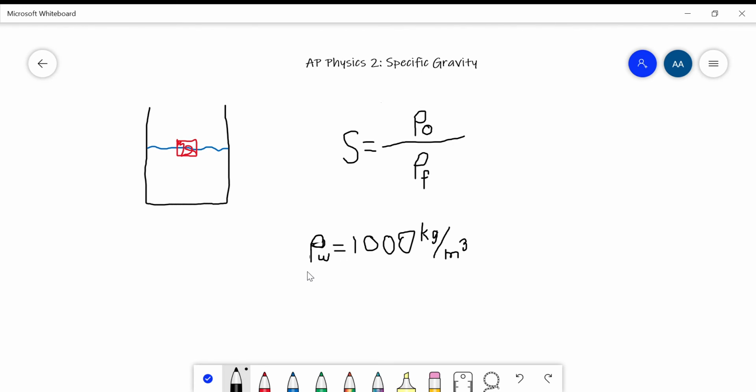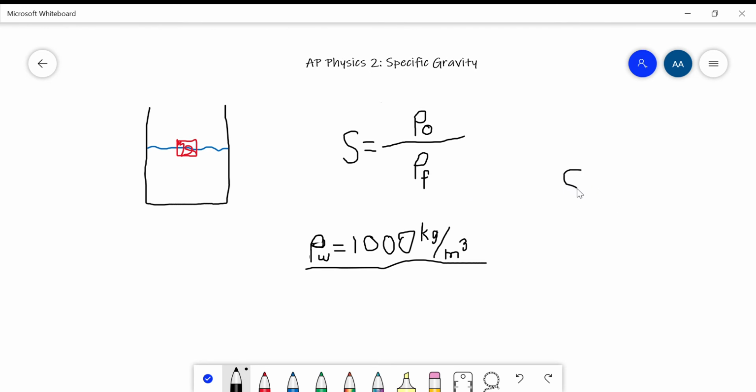So it's 1,000. This is the density of water. Sorry, I'm still getting used to drawing straight lines. And just for good measure, specific gravity is unitless. It's just a number.